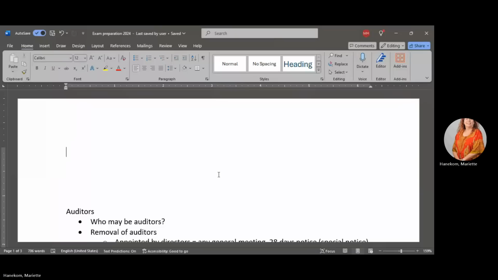Also, and this is a general problem, a mistake that students make. When it comes to reading the question, sorry, firstly, you never make up your own facts. I give you the facts. I give you everything you need to know. You don't have to imagine anything.